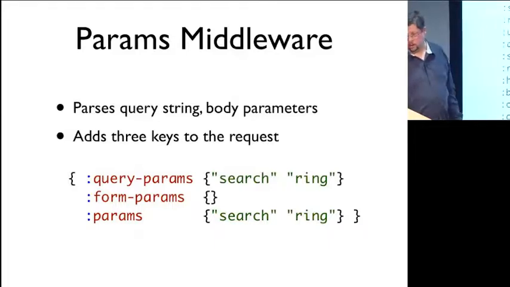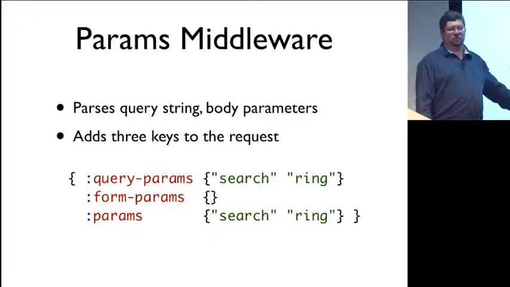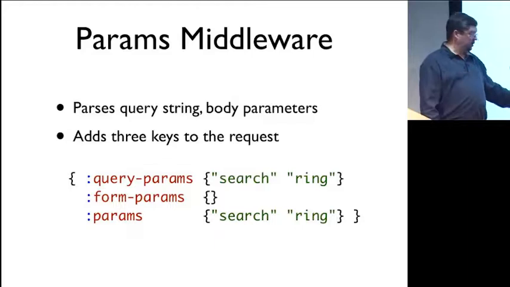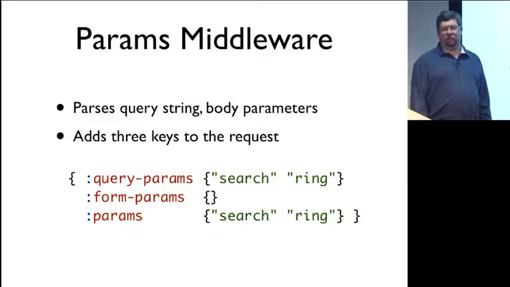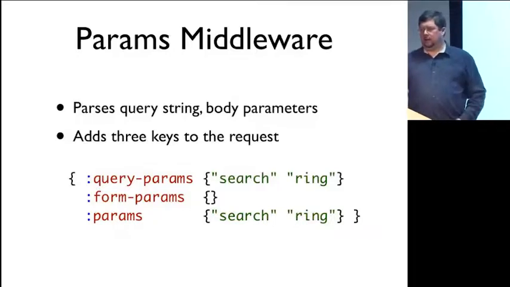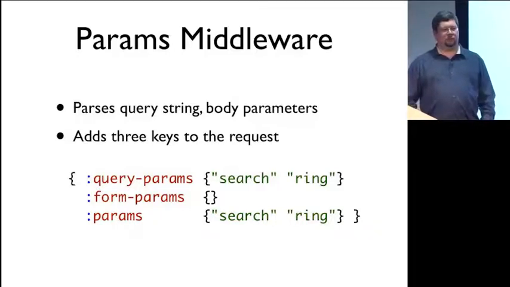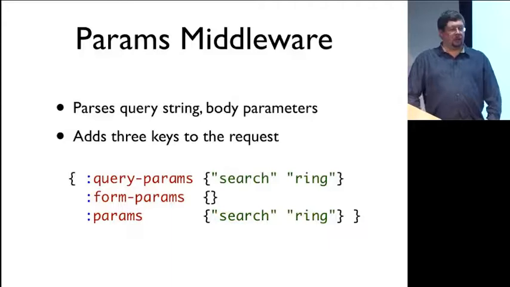And that's one reason why back here, wrap params is very first. It wouldn't always be first, but it needs to be before auth, probably, because you might be submitting a login form or something like that, and you want to see those parameters.